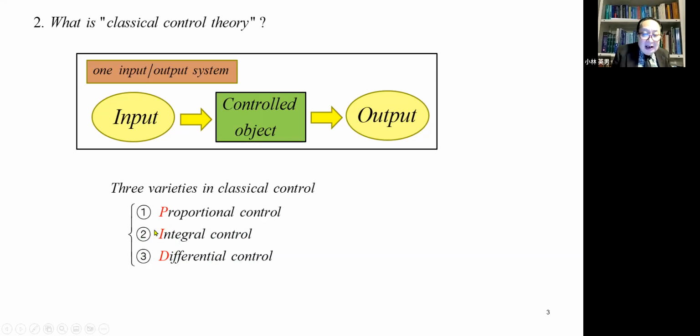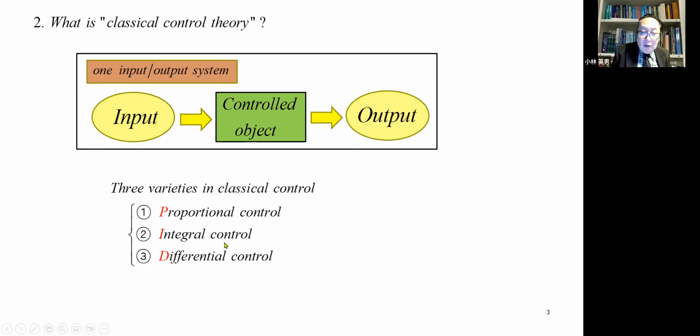When we use P control and I control at the same time, this control system is called PI control system. When we use P control, I control, and D control at the same time, this system is called PID control system.